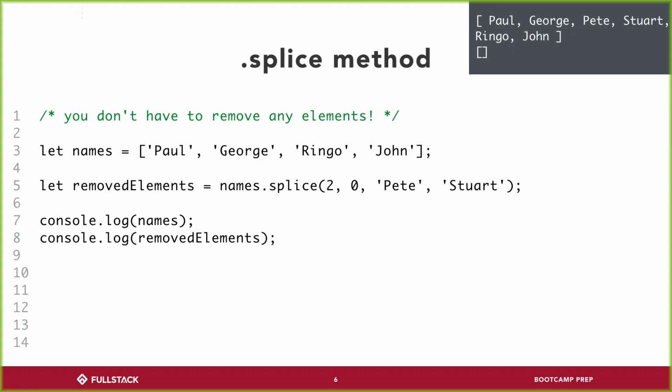So I guess it starts removing at that index, which is kind of confusing, but in terms of adding, it adds before that index. So it removes at the index and it adds before the index of the first argument.